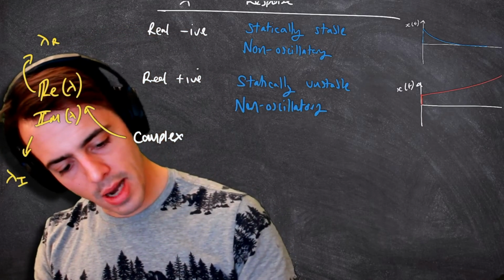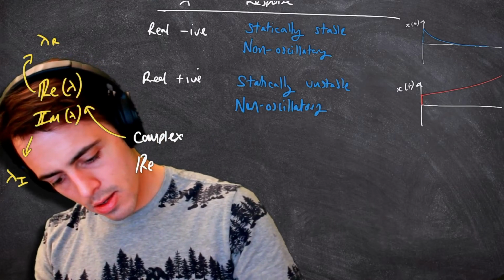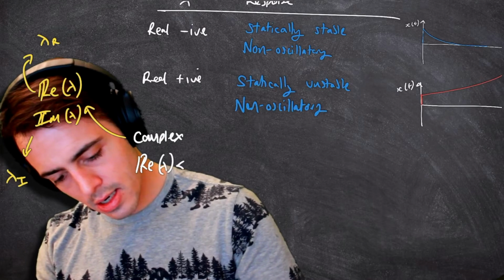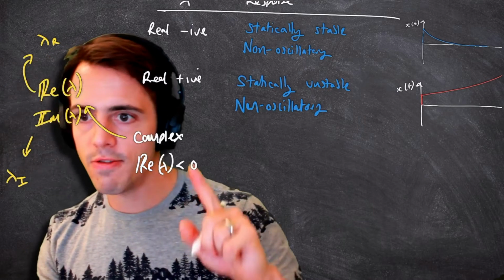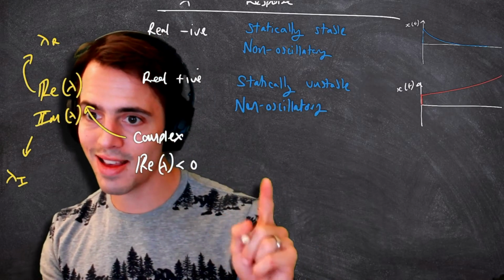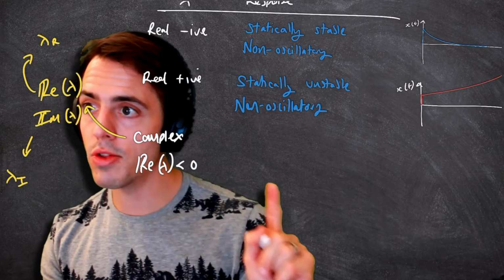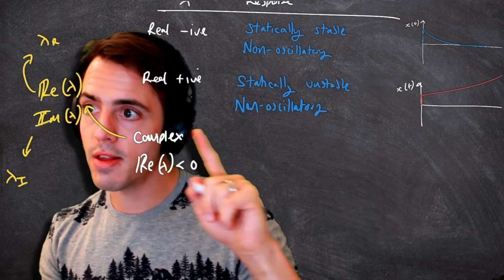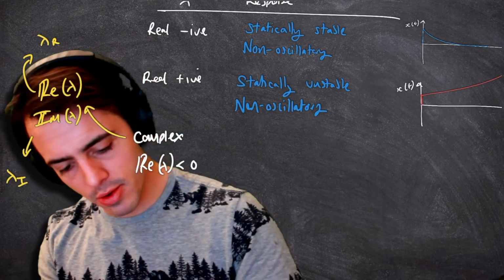Say we have a complex root, but the real part of lambda is negative, so it's less than 0. Then we have this tendency to return to 0, so it's sort of static stability, but we have oscillatory motion because we've got a non-zero imaginary part. So this is dynamically stable, so it's oscillatory motion with a decreasing amplitude.